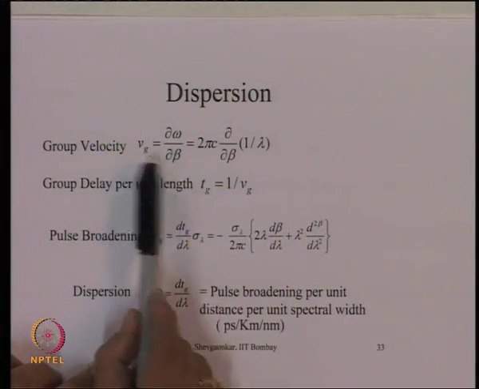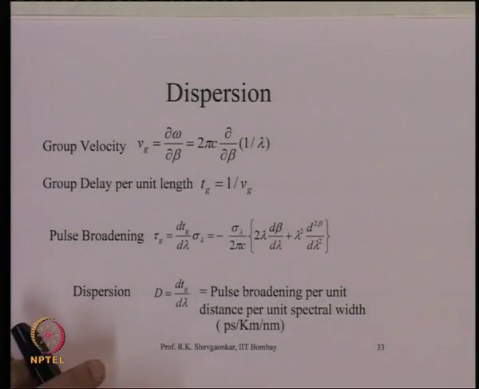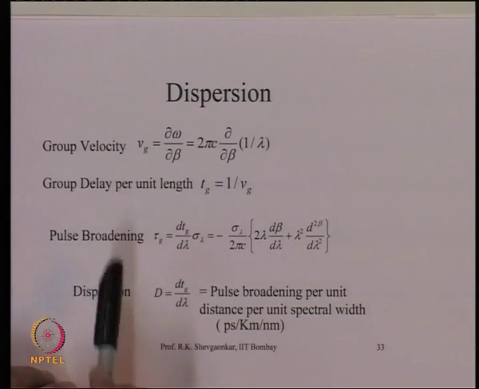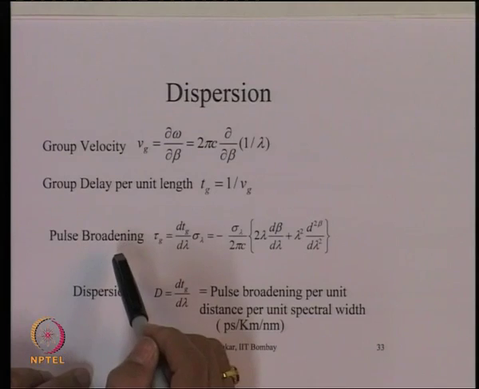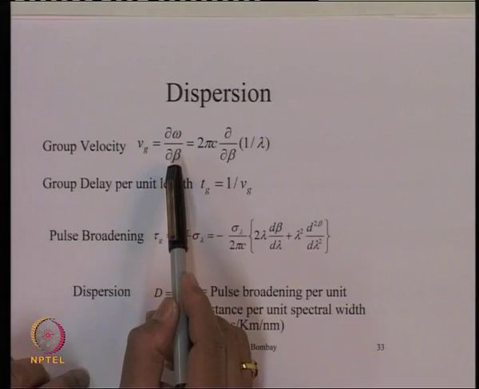So, since we are talking about propagation of pulse here, we are now interested in what is called the group velocity on the optical fiber. And as we have seen earlier, the group velocity Vg is given by d omega by d beta, where beta is the phase constant of a particular mode, and if I consider a single mode optical fiber, this beta will be the phase constant of LP01 mode or HE11 mode.